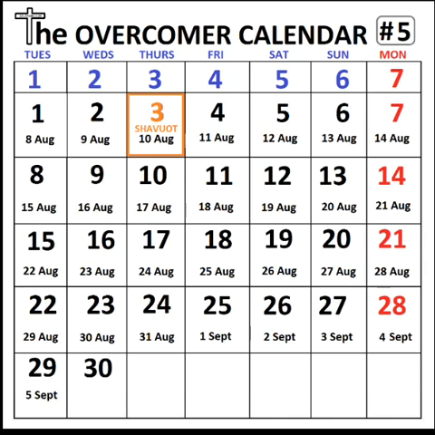Then the second count would be the new wine, which would be the 3rd day of the 5th month. And then the 3rd count would be new oil on the 22nd day of the 6th month. So we have new wine here on the 3rd day of the 5th month, which is the 10th of August.